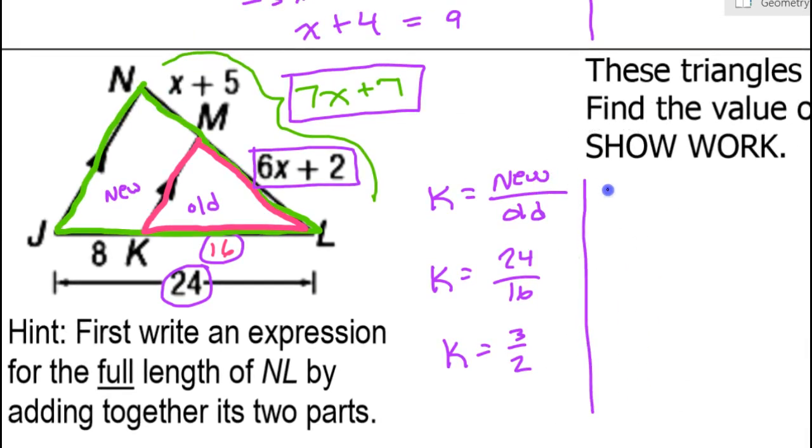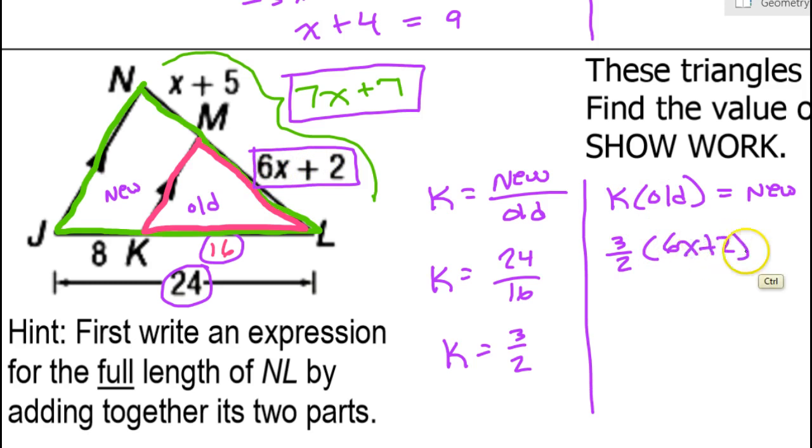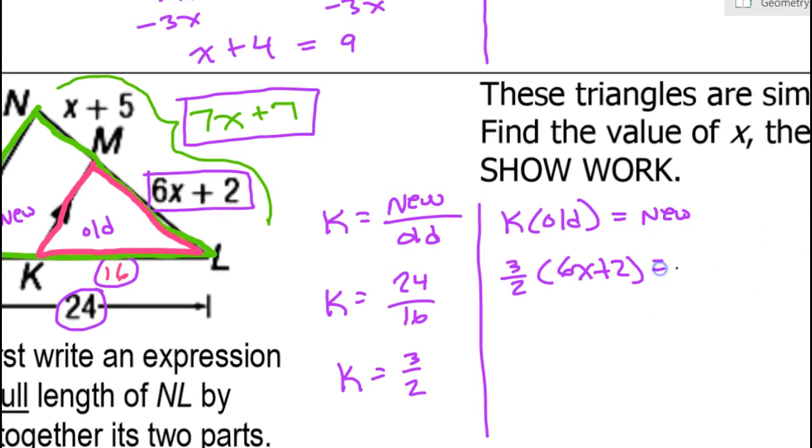Remember, if I take my scale factor and I multiply by an old side, it should equal the new side. So that's what I'm going to do with these two expressions right here. I'm going to take my scale factor of 3 over 2, and multiply by an old side, which is 6x plus 2. That should equal the new side, the bigger triangle, which is 7x plus 7.